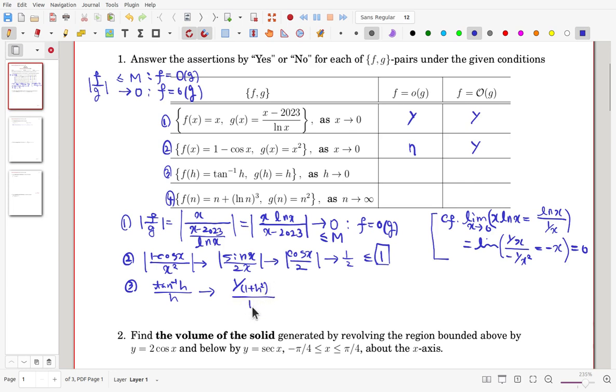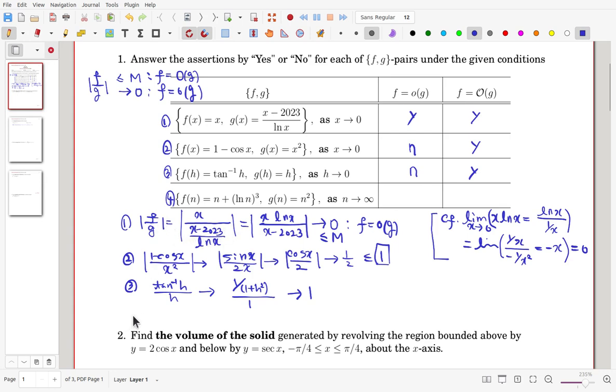The top is approaching 1, so it is eventually approaching 1, but not approaching 0. So the same way, big O is yes, little o is no. That one should be no, right?